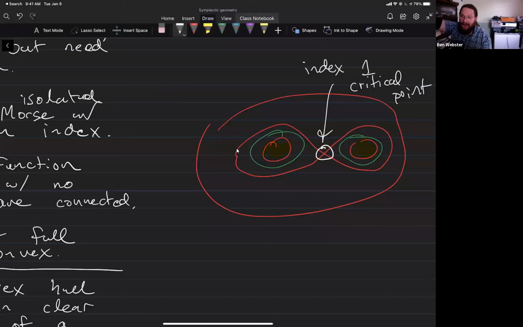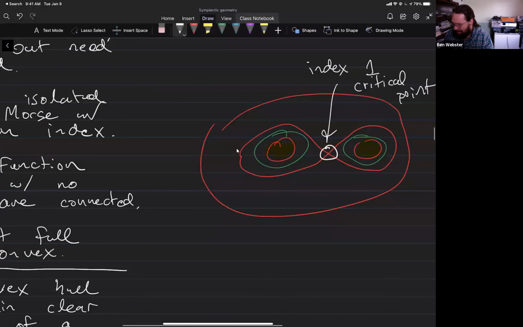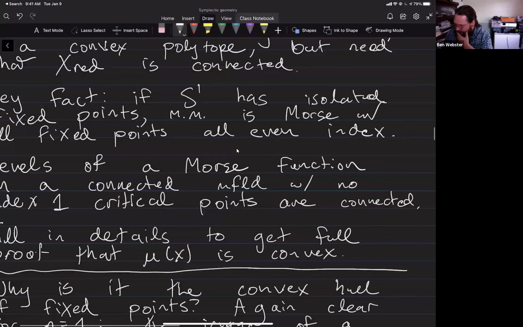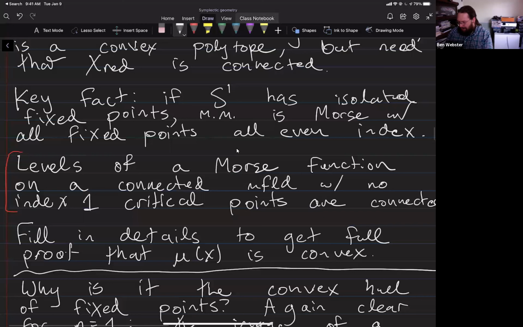If I have any higher dimensional handle, its boundary is connected, so it can't glue together two different components. That's the basic idea. I'm going to leave out lots of details, but that's the idea of how you prove that this is convex.